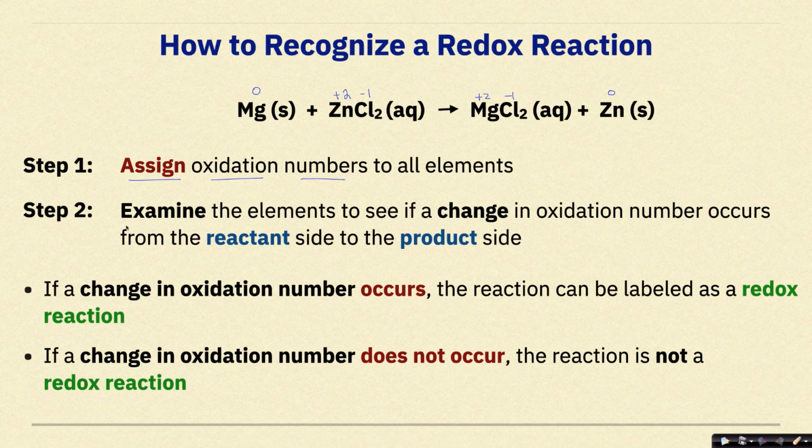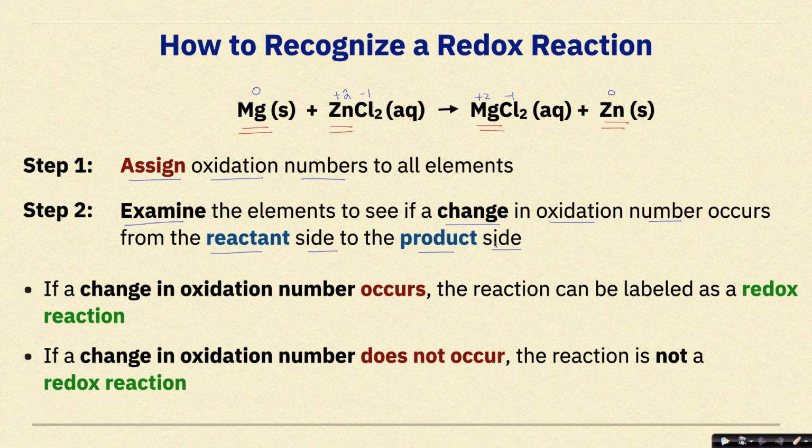Step 2 is to examine the elements to see if a change in oxidation number occurs as you go from the reactant side to the product side. And we can see that this definitely happens here. Mg is going from 0 to +2, while Zn is going from +2 to 0.